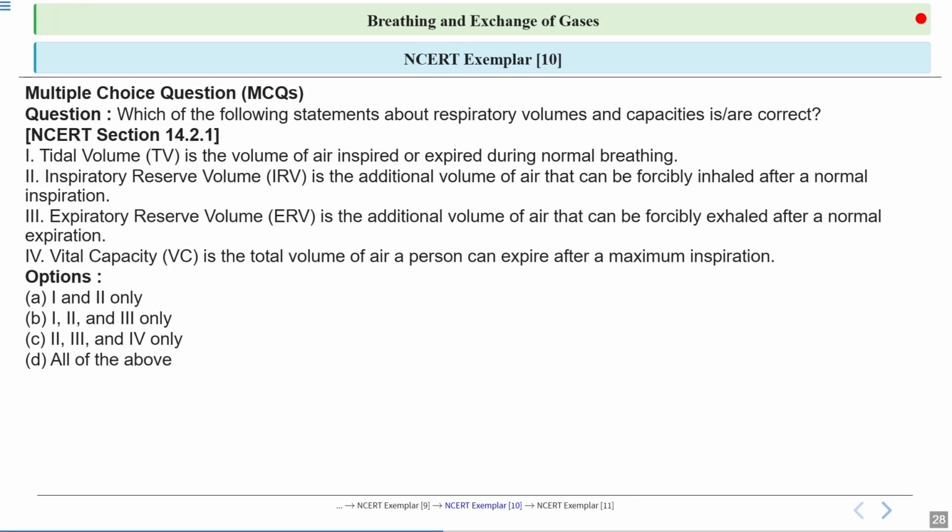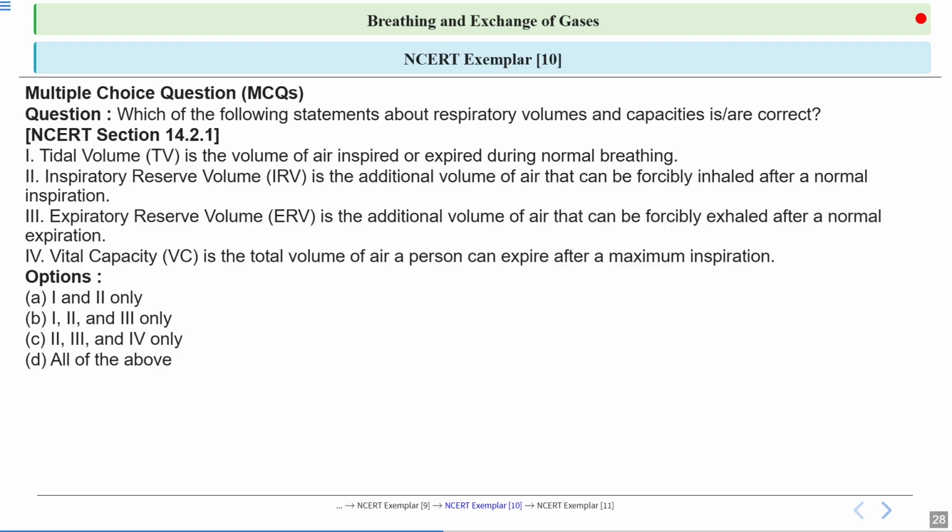Now, next question is here. Which of the following statements about the respiratory volumes and capacities are correct? This question is coming from the NCERT section 14.2.1. First, tidal volume is the volume of air inspired or expired during normal breathing.